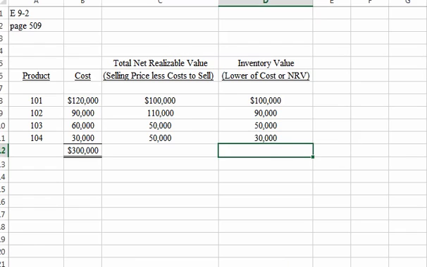Now our new inventory value is going to be only $270,000. Okay, so number one, determine the book value of the inventory at December 31, 2016, assuming the lower of cost and net realizable value rule is applied to individual products.